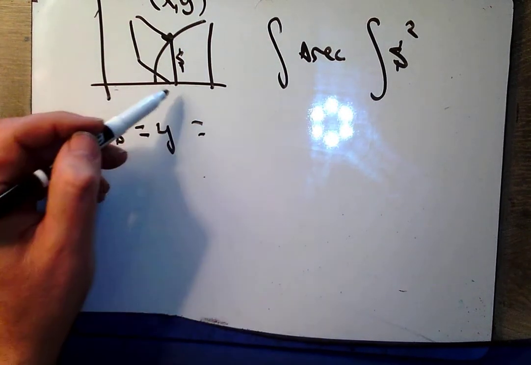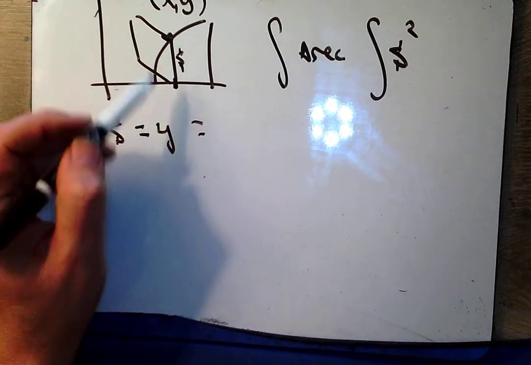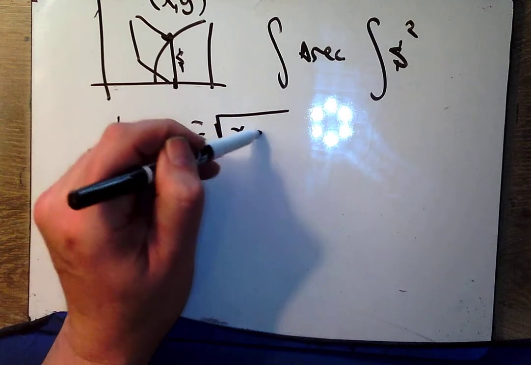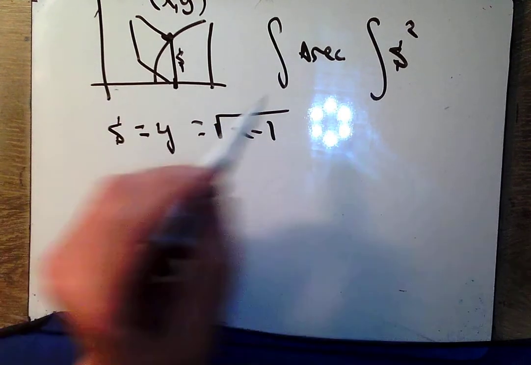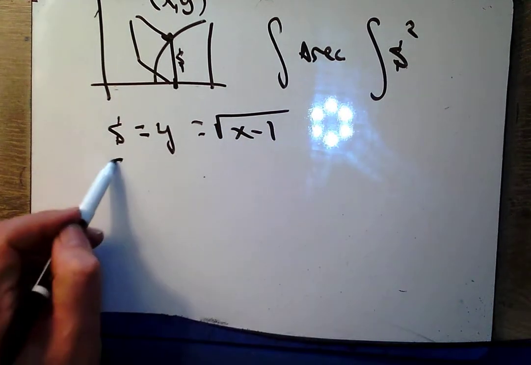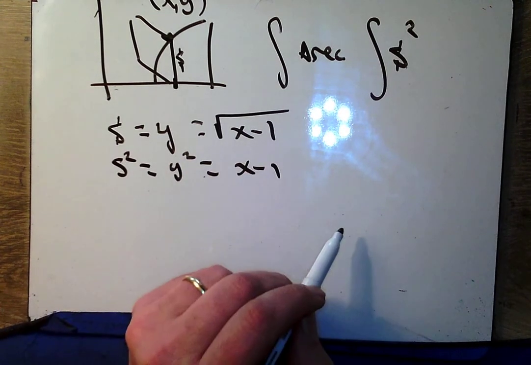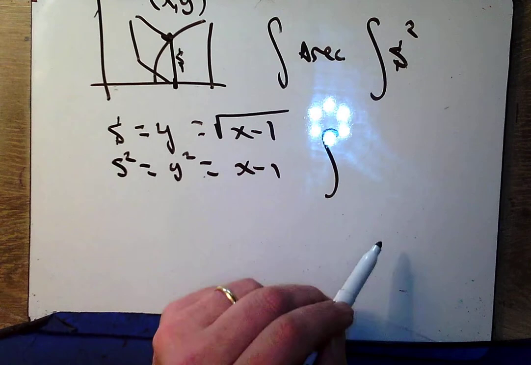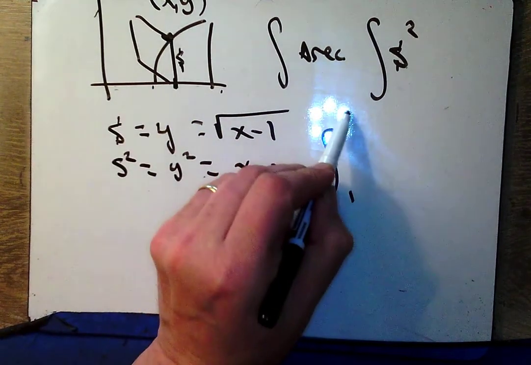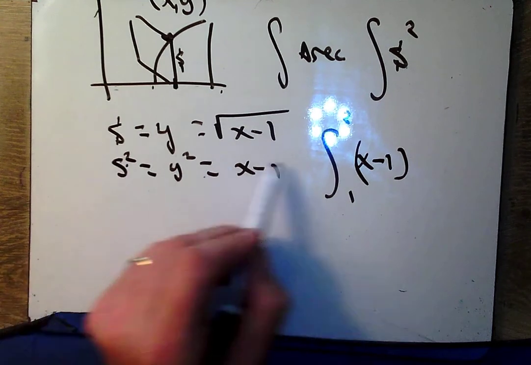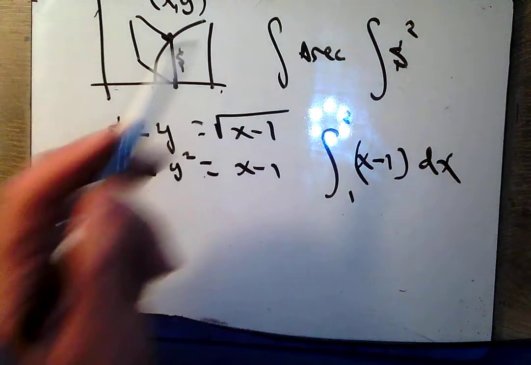Okay, this is definitely intersecting the x-axis, is the dx thickness, so I want x minus 1 here. But we want s squared, so s squared will be y squared or x minus 1. Cool. So I'm going to integrate from 1 to 2, x minus 1, and that's squared already, dx. There we go, all done.